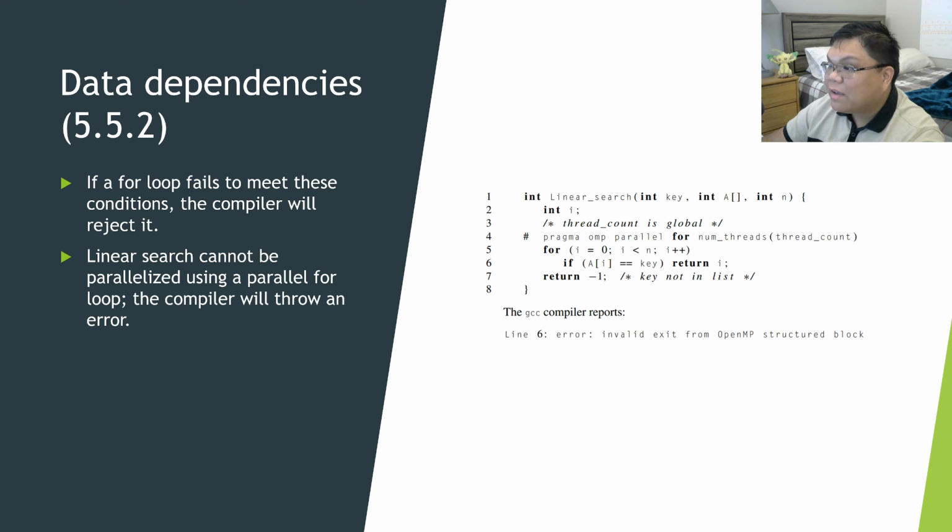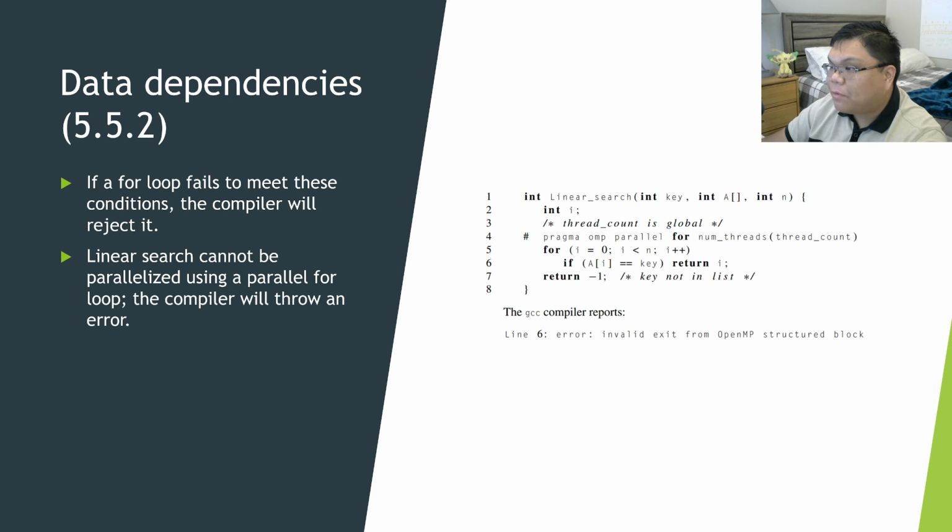So this is a linear search algorithm here, and it has a return in the middle of the for loop. It would just break out of the loop at that point. The rule is, if you cannot determine the number of loop iterations it would take to finish the loop, then the for loop would be rejected by the compiler if it had the parallel for directive right before it.